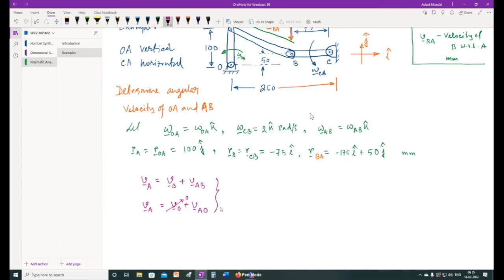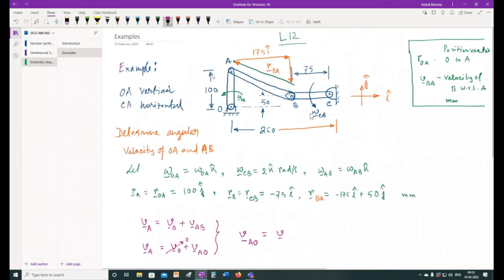From these two equations, I will correlate it with your graphical method. You have two equations, and from these two equations you solve for two unknowns.